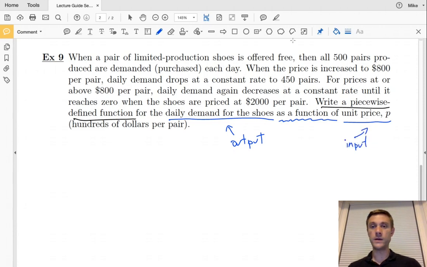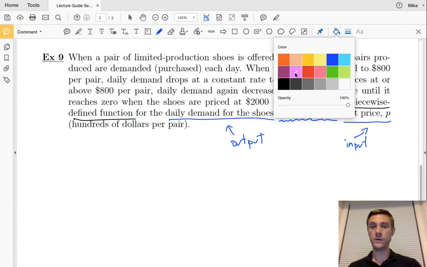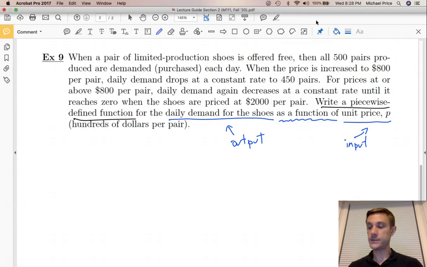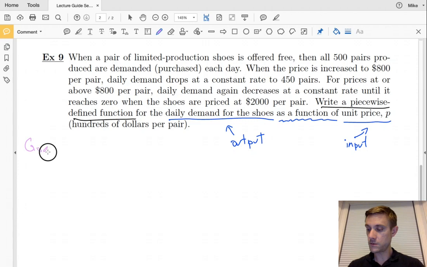So in other words, we're being told that our goal looks something like: find, well, we get to make up a variable for demand. It's daily demand, so D would be a good bet, as a function of unit price. I guess here we're being forced into a particular variable, so sorry about that.